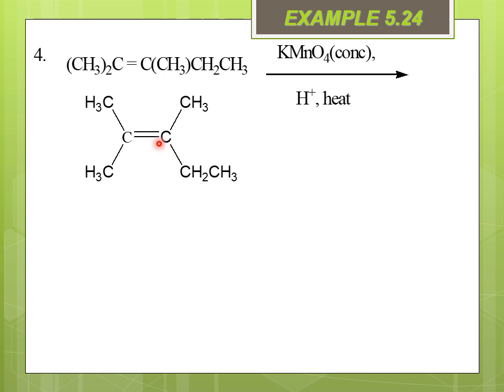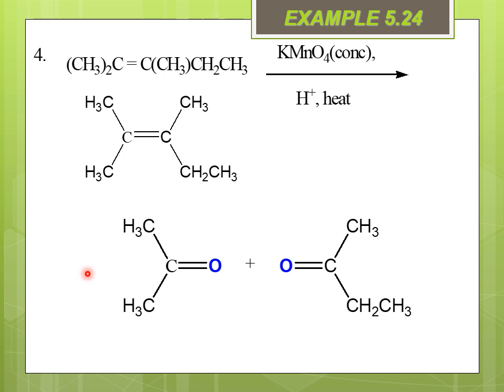It has 4 R groups. 1, 2, 3, 4. So if we're going to have two carbonyl groups here, where the double bond is broken, we are going to have one product, which is a ketone. What is this ketone called? 1, 2, 3, it's a propanone. And the other product would be 1, 2, 3, 4, it's a butanone.